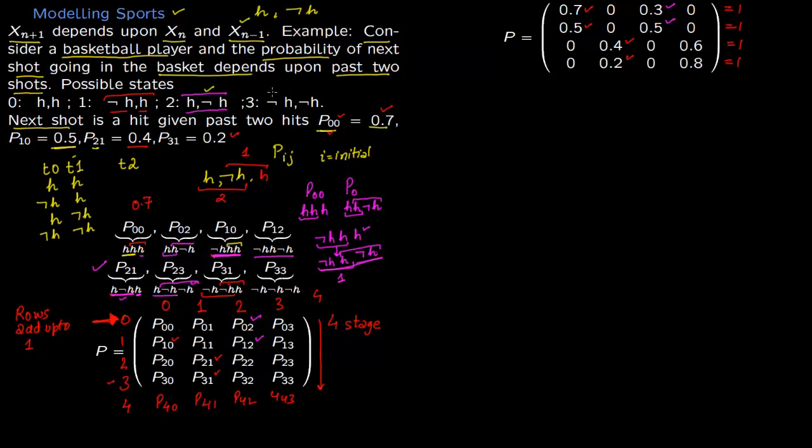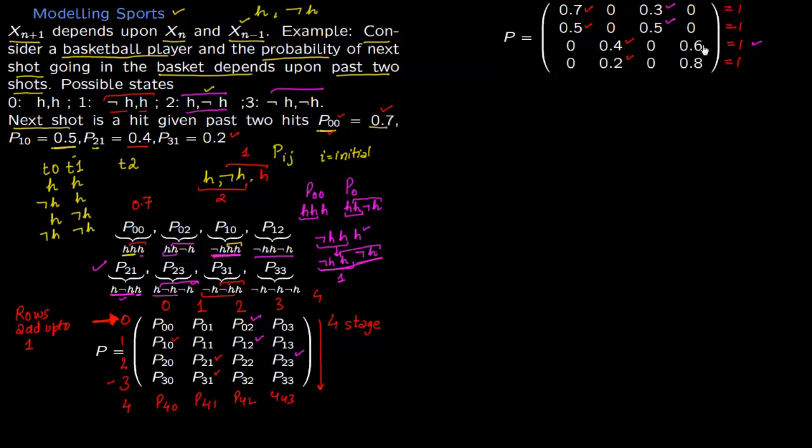Not H is 3. So this becomes P23, because 2 remains as such and then 3. So you fixed the row. You always find the complement in the fixed row. So P23 is right here. So 1 minus 0.4, you get 0.6. You add them, you get 1.